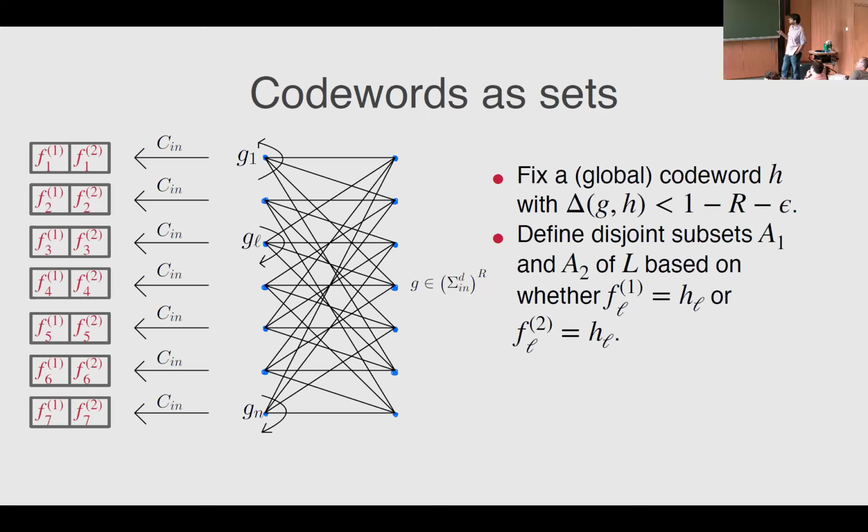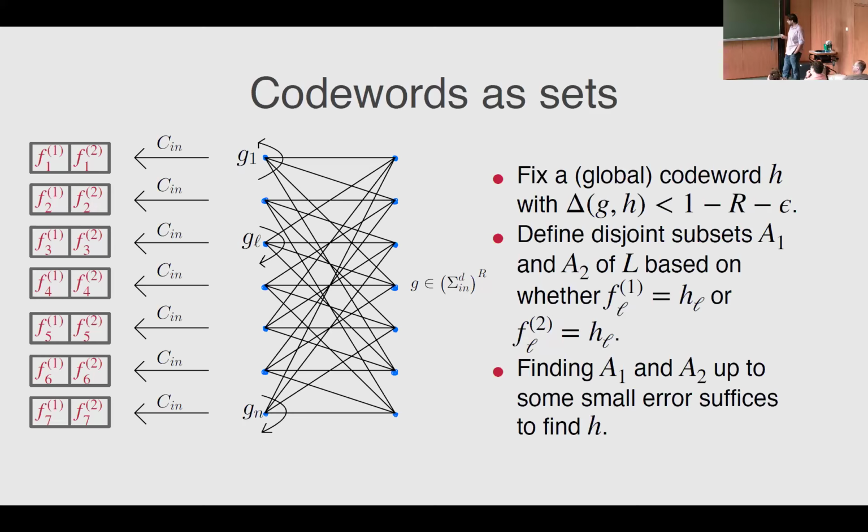So A1 says that in each vertex in A1, the code word H restricted there is the first one. In A2, it's always the second. And these are going to be disjoint. It's not difficult to show that finding H is equivalent to just finding A1 and A2 up to some small error. So at least finding the code word H can be reduced to finding some sets A1.